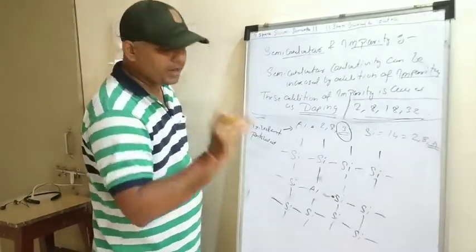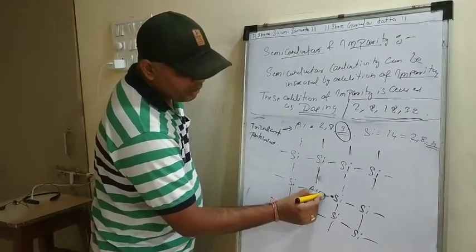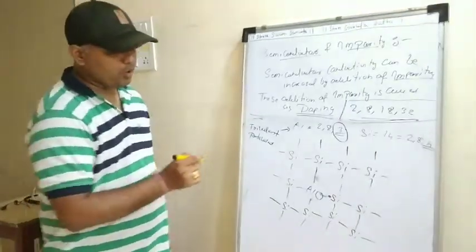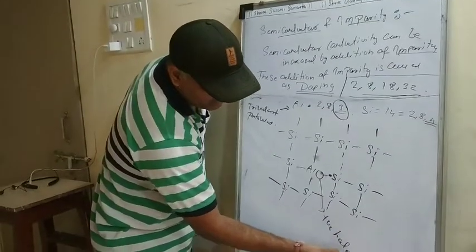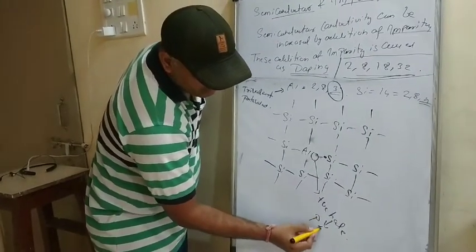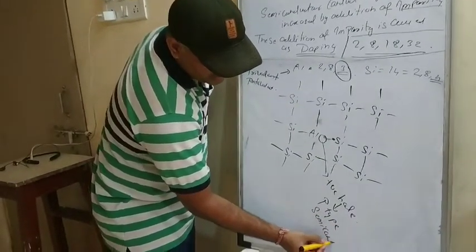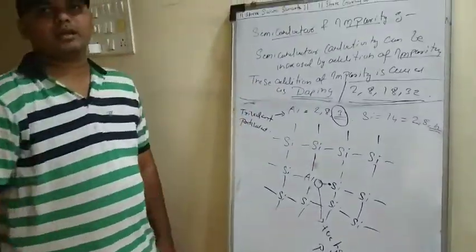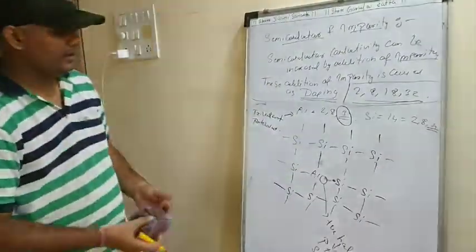Aluminium contains only 3 electrons, so 1, 2, 3, and there will be a big hole over here. And this hole is nothing but called the positive hole, right? Or they are also called the P type semiconductor. I hope that you are understanding it. Okay, so this is about the P type semiconductor.